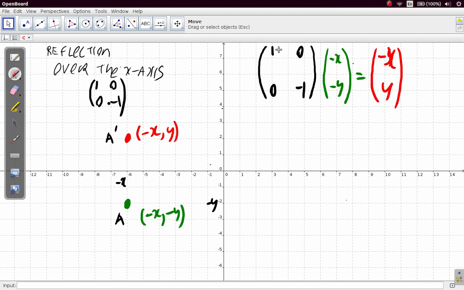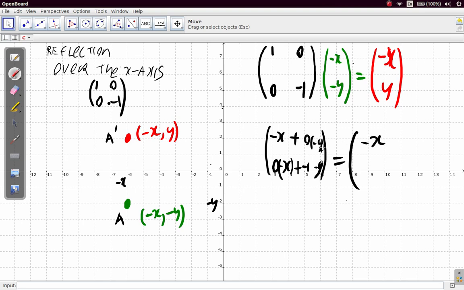Let's multiply them. When we multiply the matrices, you get 1 times negative X, which is negative X, plus 0 times negative Y, 0 by negative Y. Then we have 0 by negative X, which is 0, plus negative 1 by negative Y. Now negative X plus 0 would be negative X, because 0 by negative Y is just 0. 0 by negative X here is 0.